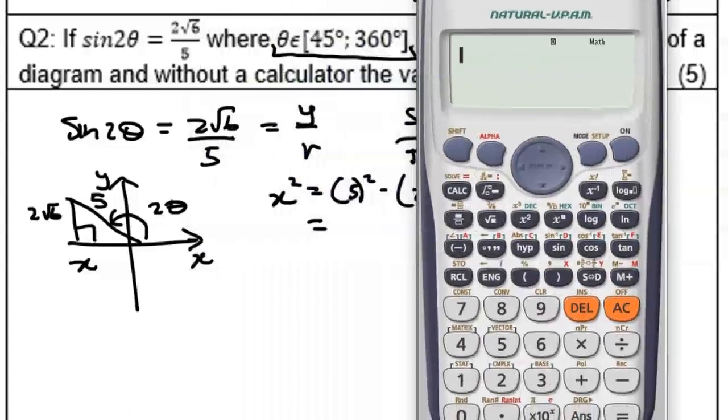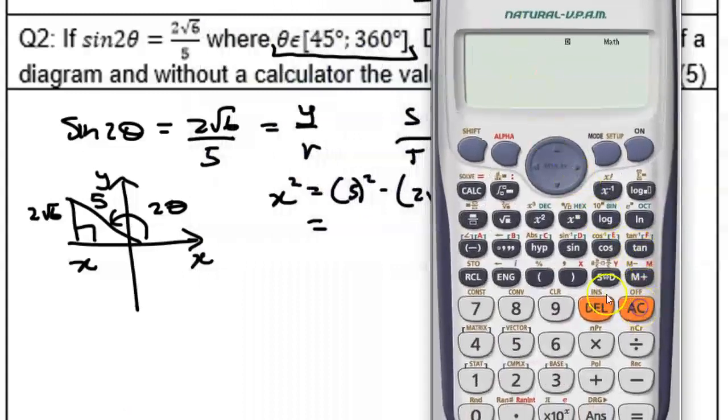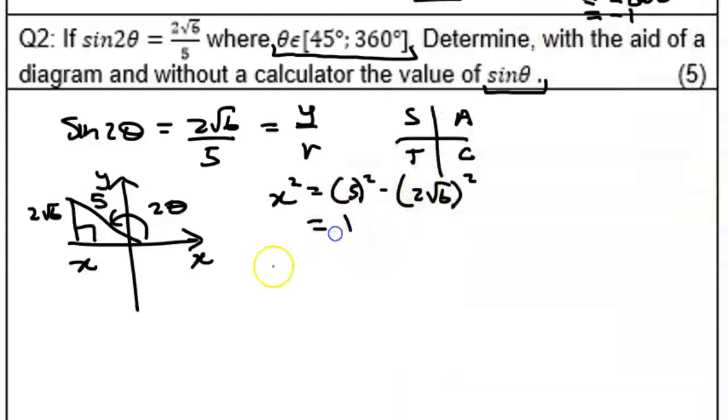And let's quickly put that in our calculator. So we're going to get 5 squared minus, and in brackets 2 root 6 all squared. Remember, it's the hypotenuse squared minus the other side squared, and that's equal to 1. Okay, so therefore x equals plus or minus the square root of 1, which is equal to minus 1.